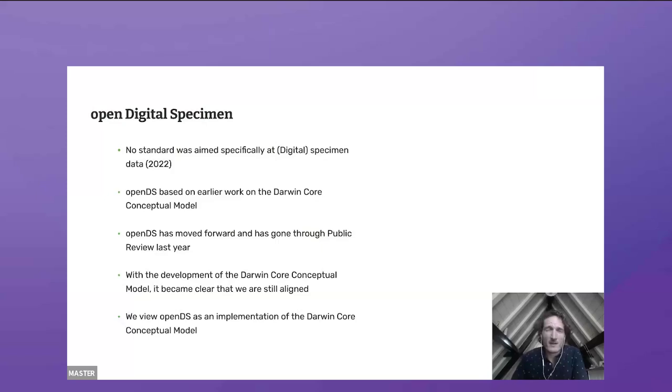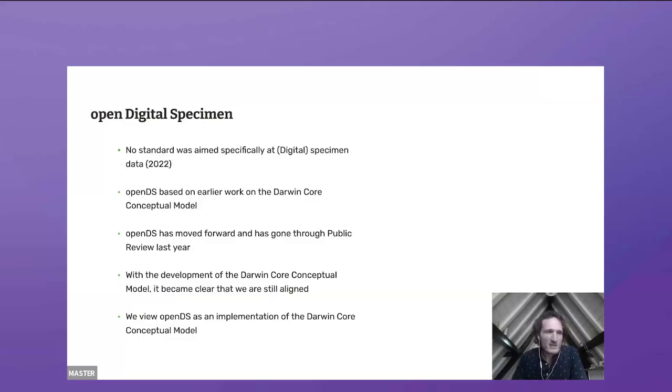So going back, how can we then structure all this specimen data? And this was where we struggled a bit in 2022. There was no real standard that we could reuse. So we were wondering, should we create something ourselves, or is there something that we can reuse?